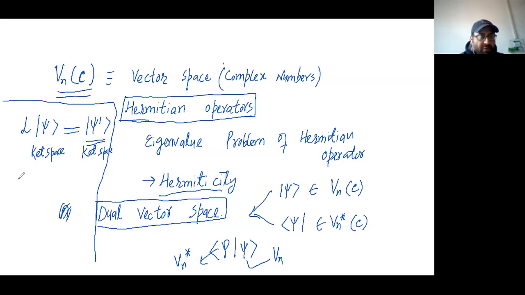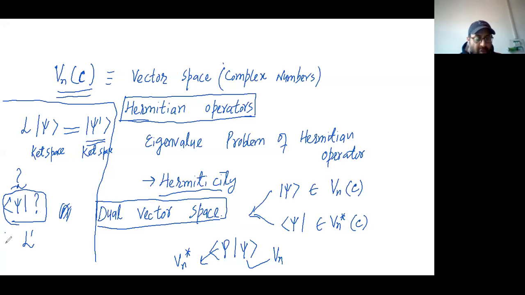Now the question which we are asking is, what kind of operator is going to act on the bra vector? Let me put it here. If I have a bra vector psi, what kind of operator is going to act on it? So let's first of all call it just L prime.